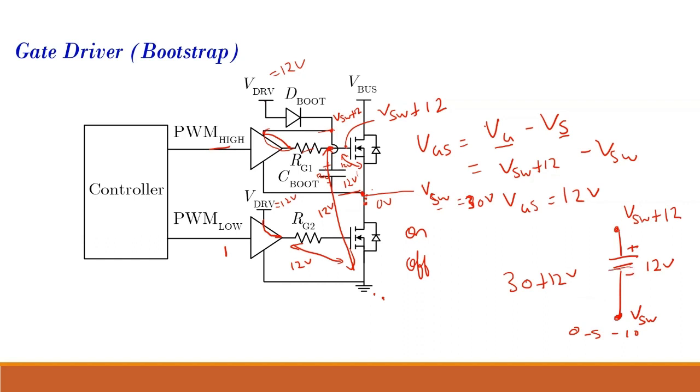So over here, I will get 0 plus 12 or 5 plus 12 or 10 plus 12. That is fine. What I want is the difference. The difference between these 2 points should at least be 12 volt, because only that voltage difference is applied to the gate source of my MOSFET. And that only will decide if the MOSFET will turn on or not.